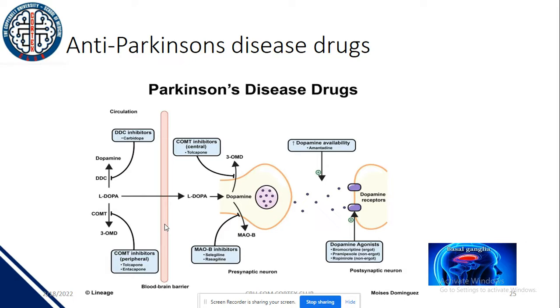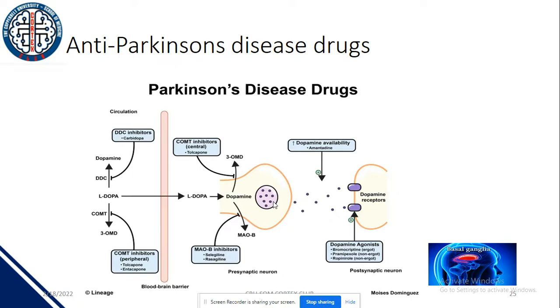As we can see the blood-brain barrier there, we have the circulation in blood just outside, as well as this side where we have these neurotransmitters. We have already discussed that levodopa is going to cross the blood-brain barrier. Once it crosses, it is going to be converted to dopamine.